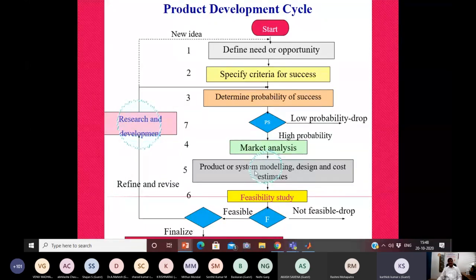If there is a probability of success, then we can proceed to further steps of market analysis and some engineering works like product modeling, simulation, analysis, optimization, etc. The fifth activity is more important for the engineers. After completion of all these planning activities, next is execution, that is the manufacturing. But before going to manufacturing, again we have to cross check practically whether the idea is feasible or not.